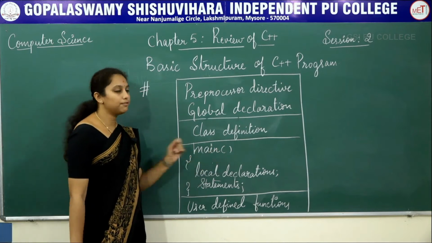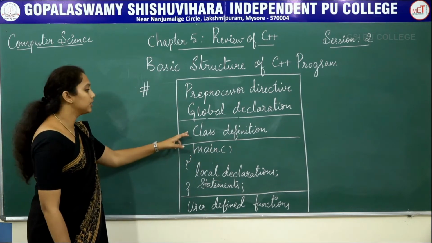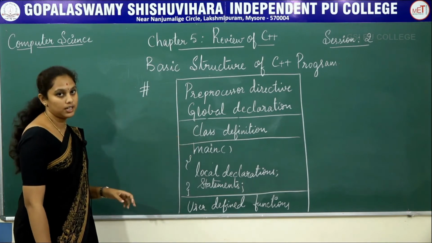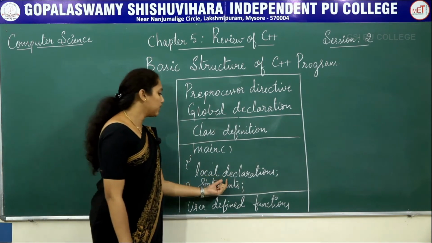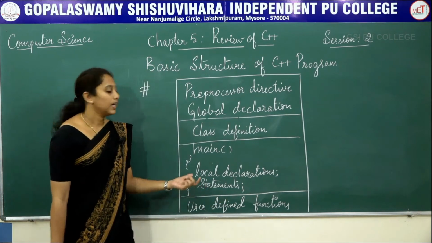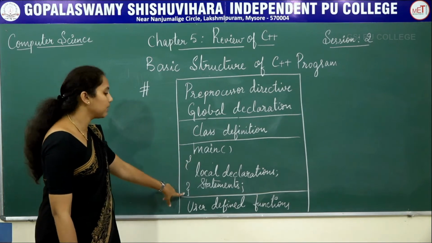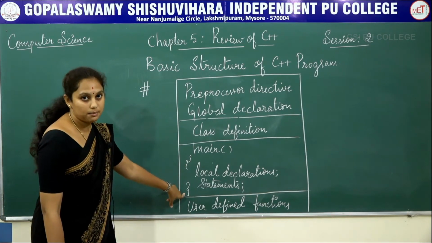Next is the main function. Main function always appears after the class definition and it contains local declarations and statements to be executed. It always starts with an opening flower bracket and ends with a closing flower bracket.